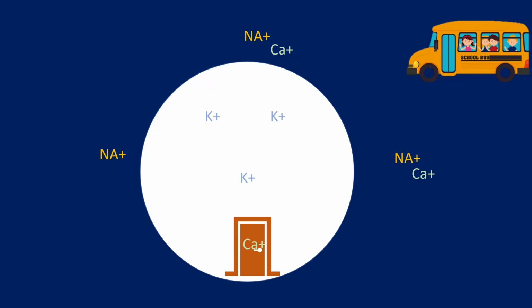So let's look at how this works. We have calcium goes to the door. Oh, there it goes. Sodium comes rushing in. All right, and so when this happens, this is called depolarization.